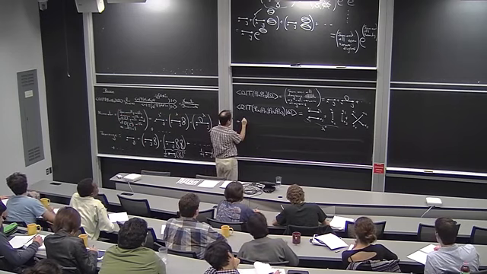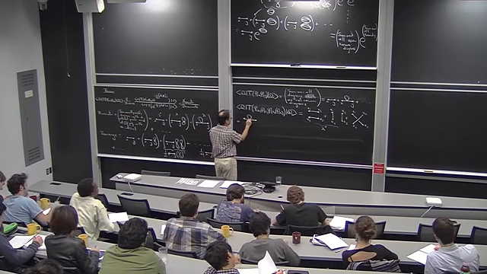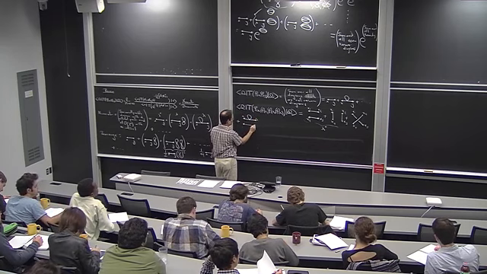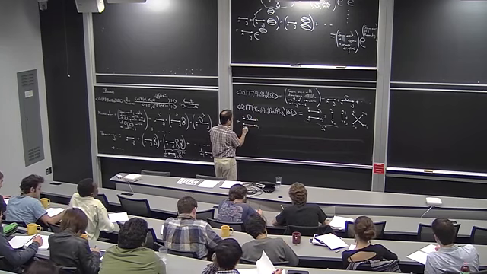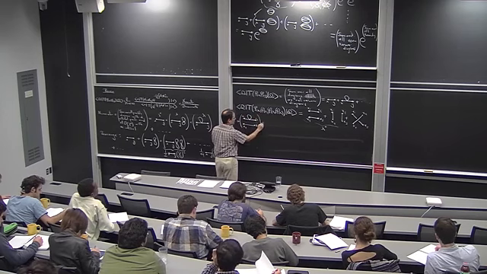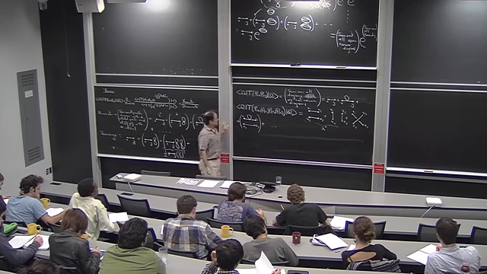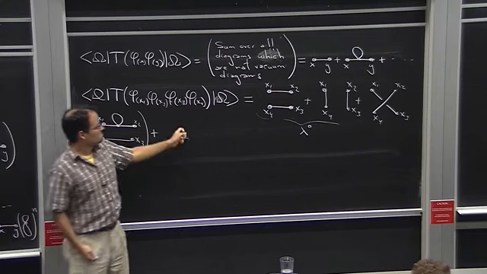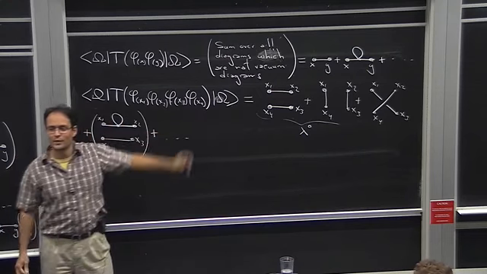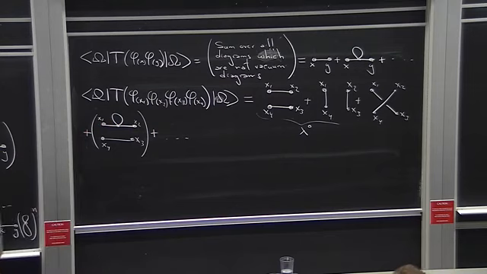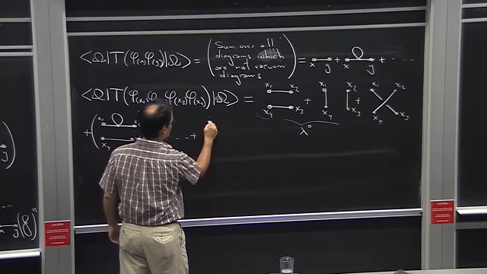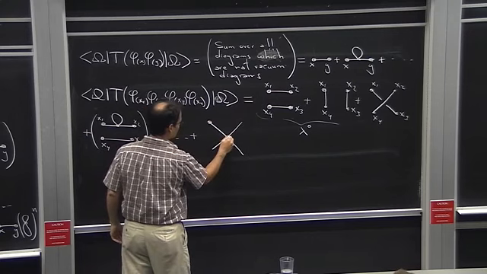Well, we can get something like this, plus other diagrams where I insert this interaction here in all possible ways to the diagrams that I already got. But is there something truly new that I can get? Well, yes, this guy.